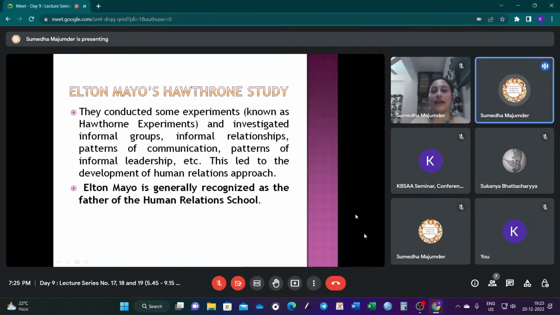The basic essence of this Hawthorne study is that it concluded that not only the monetary factor but also the working environment, that means several informal groups, informal relationships within the organization, patterns of communication, informal leadership, all these factors have a great impact on the working level or on the efficiency of the workers.